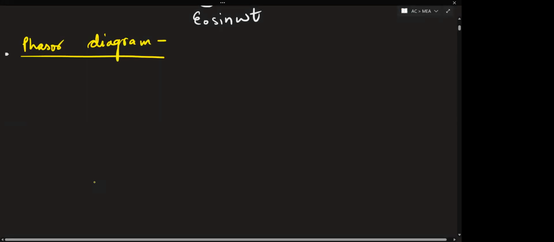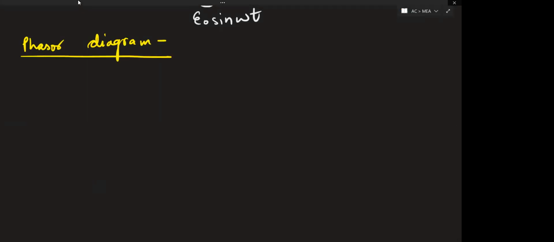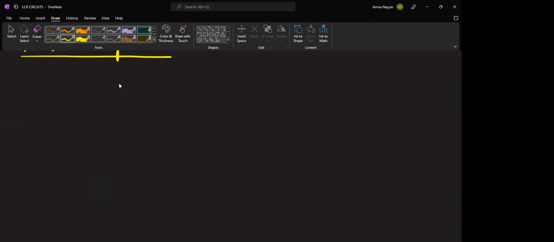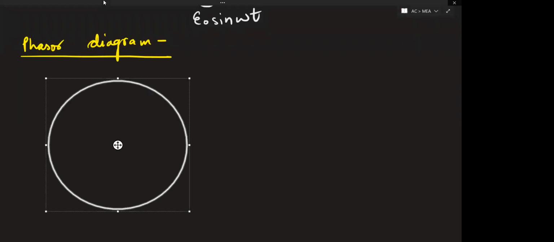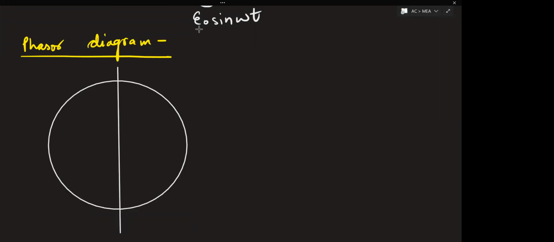Right now you're not aware of which quantity is leading which quantity. So every time you need not draw this circle. The circle can be avoided as well.